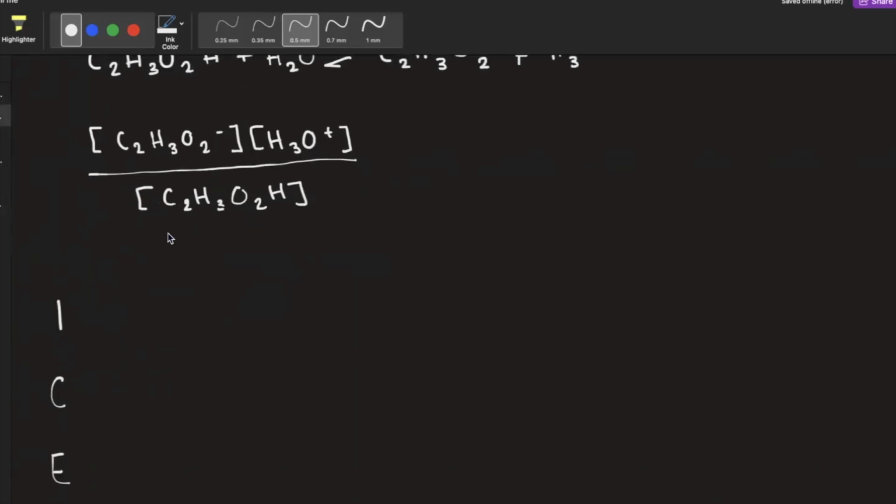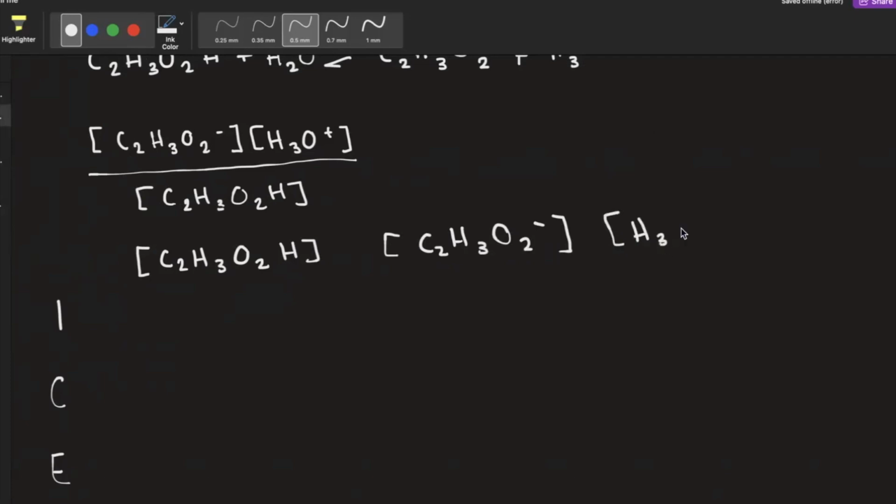Next, we're going to write our concentrations. So we have C2H3O2H, and then we have C2H3O2 minus, and then also the concentration of H3O plus.